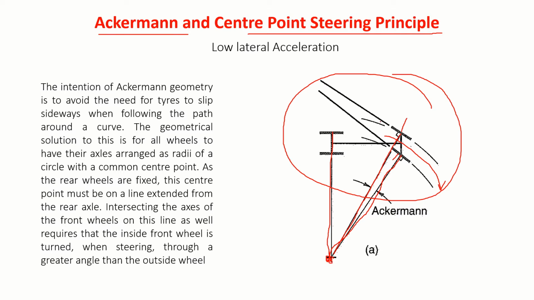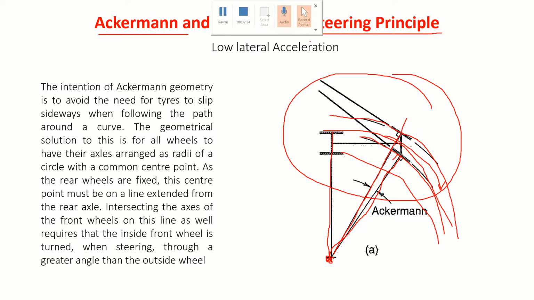About this point, you see here, this is a circle. This wheel traces this circle. Again, this wheel traces this circle. This wheel traces this circle. So you get a number of concentric circles. Right? If I just again produce this backwards, they meet at a point.